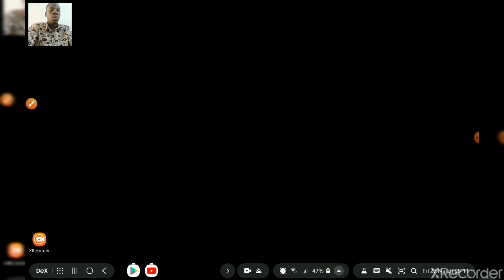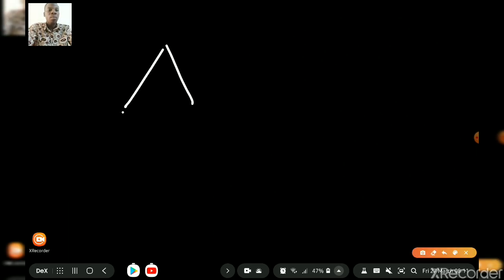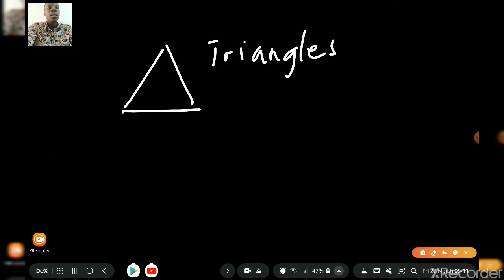When you take something like a triangle, this is a closed plane figure. It is bounded by 3 lines, so this is a type of polygon. Triangles are also polygons.